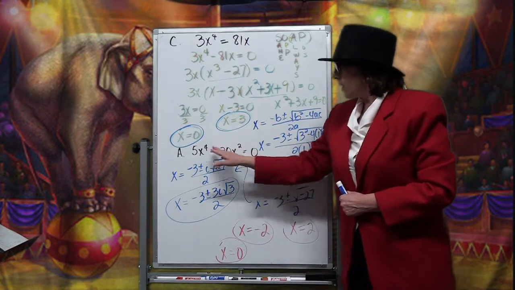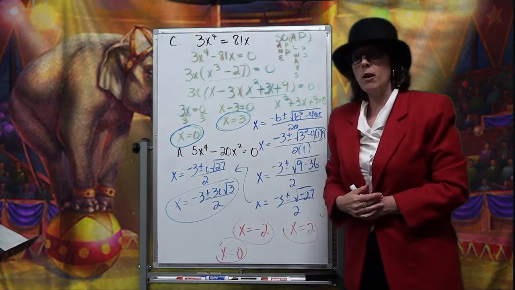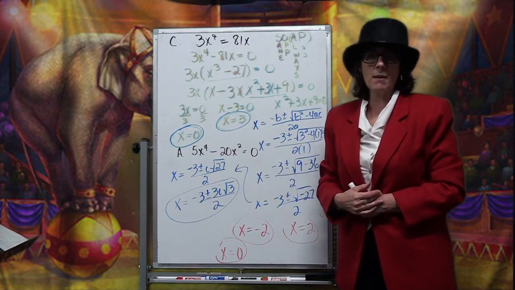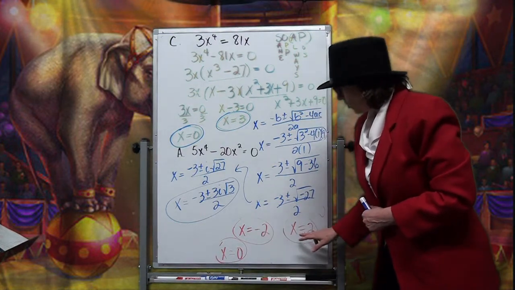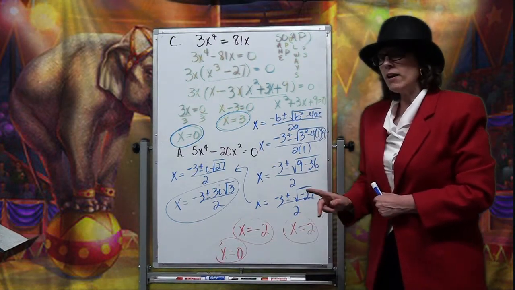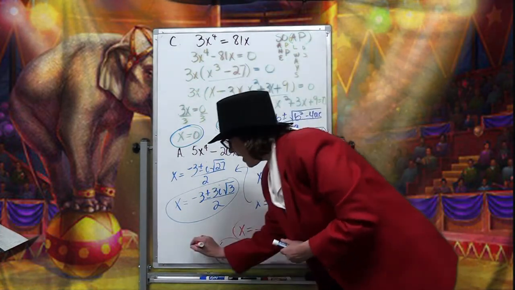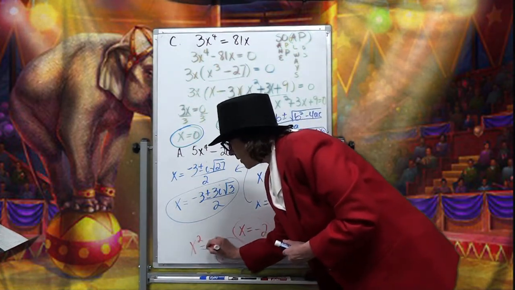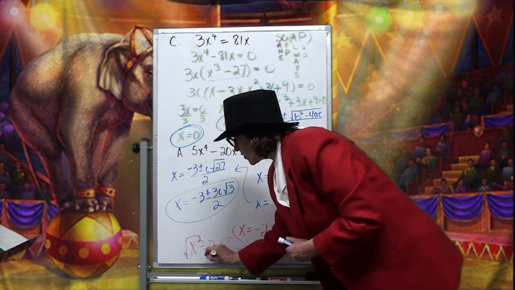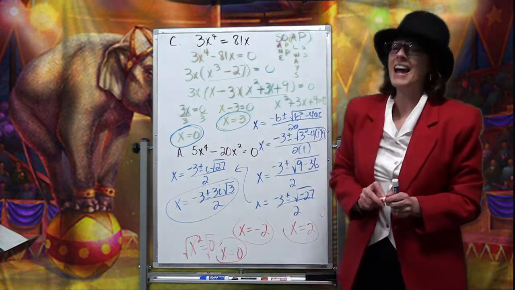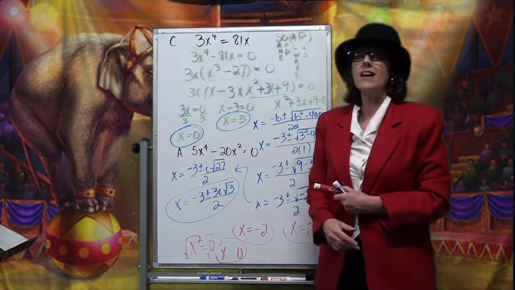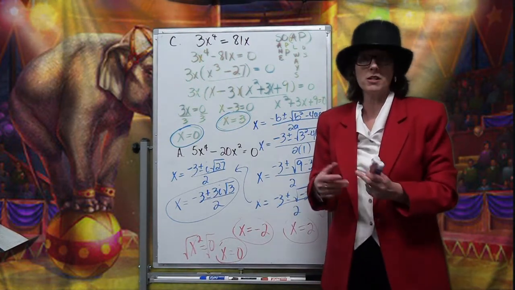Here's where it gets kind of weird. Notice in this one, it was a fourth degree polynomial, but how many solutions did I come up with? 1, 2, 3. However, if you recall, the step right before this said x squared equal to 0. So I take the square root and I take the square root. As a technicality, when you take the square root, you would get positive or negative.